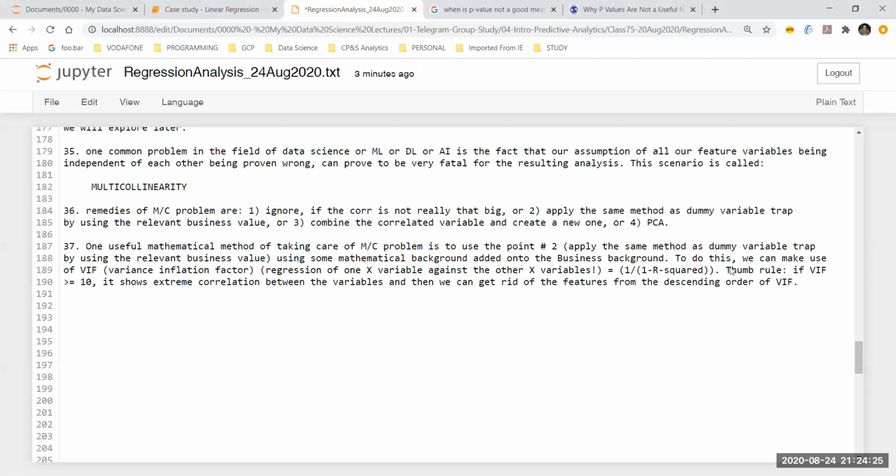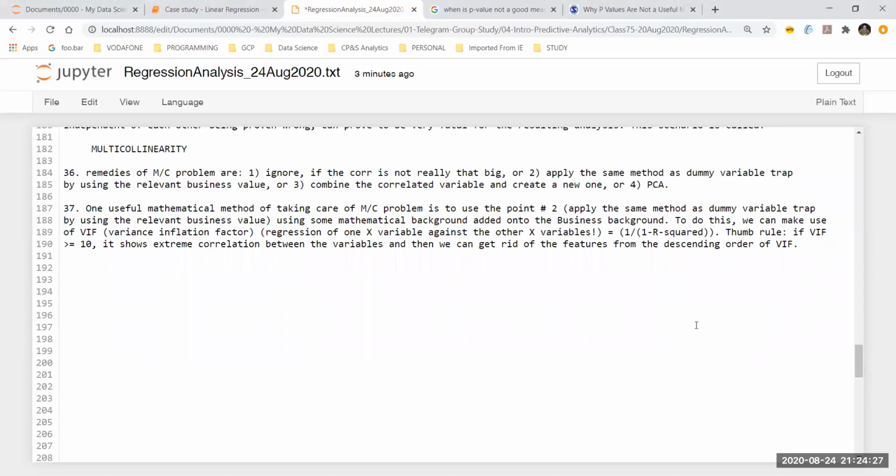So let's say I have found the variance inflation factor of all the variables, and I find one combination of variables which is creating the most variance, or they are interrelated the most. I get rid of that one variable.